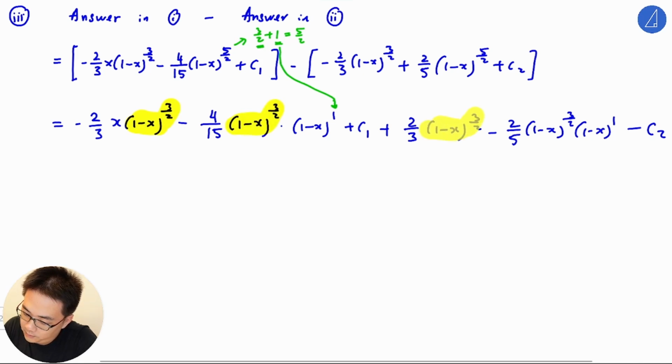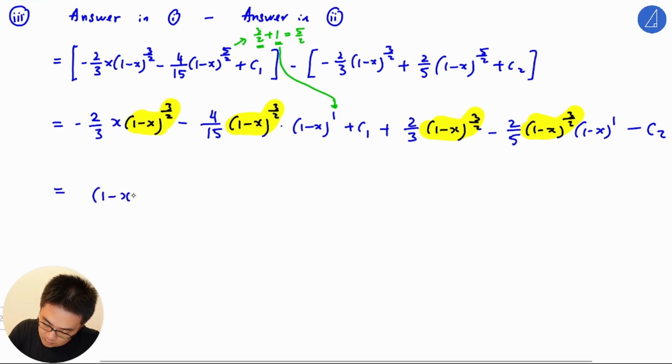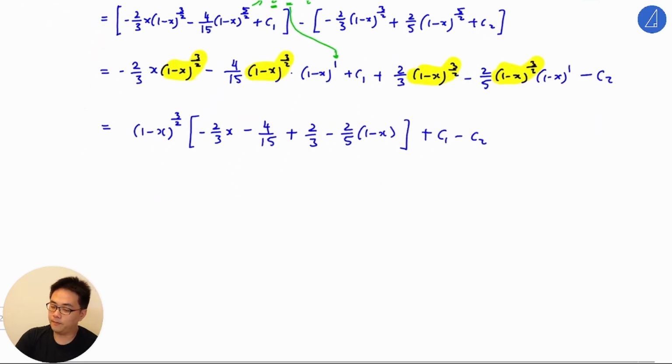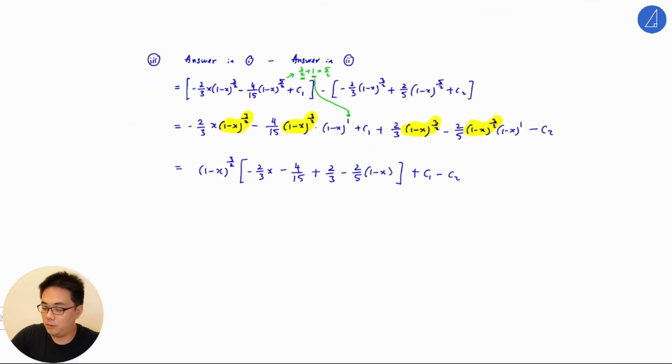I factorize this out. Then you just hope that this is 0. I think this whole thing is 0, right? Just now when we keyed in, this whole thing was 0.